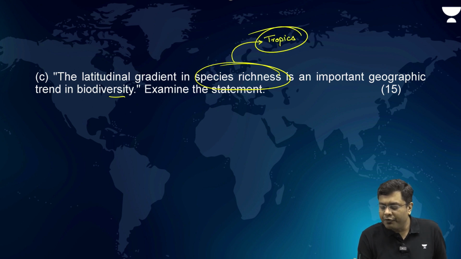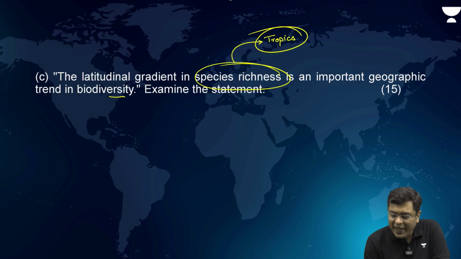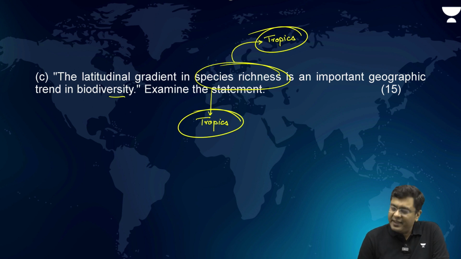Now, there are two factors associated with that. So, most of the students have concentrated only on the factor of insolation. So, why is it that the species richness is greater in the region of the tropics? First of all, is the factor of greater amount of insolation. That is the main factor, greater insolation.